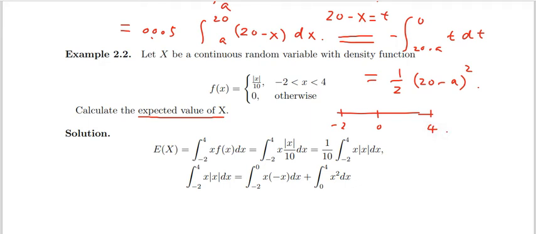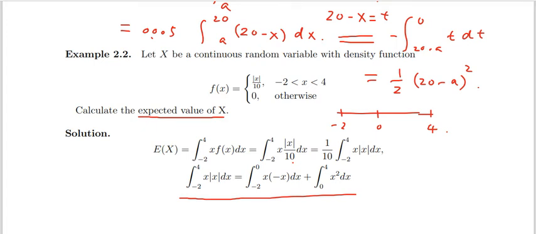So first we plug in, and we split it into two parts, right? From -2 to 0, the absolute value of x gives negative x.